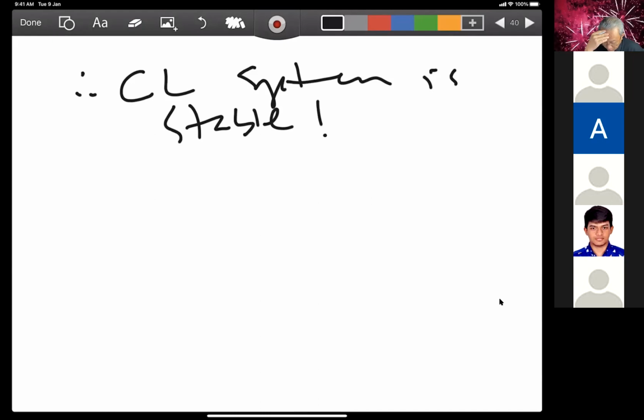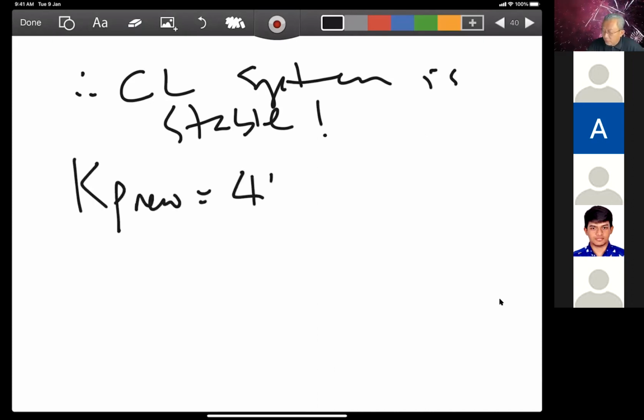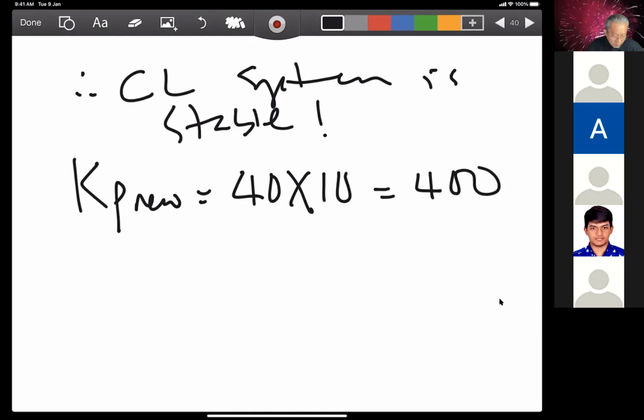Part B: The steady state error of the system is unsatisfactory. Therefore, the position constant Kp must be increased 10 times. Calculate the new value of gain K to achieve this. Kp new, currently 40, increase 10 times, becomes 400.